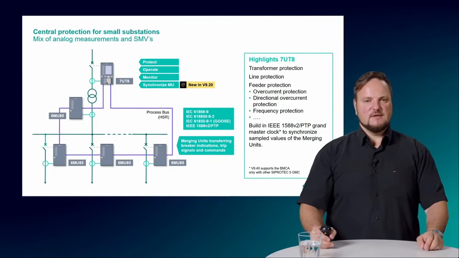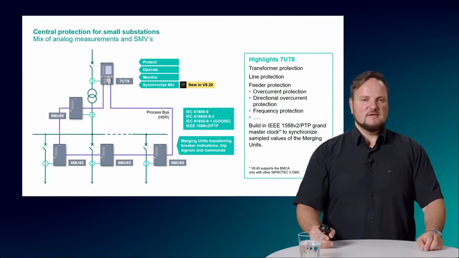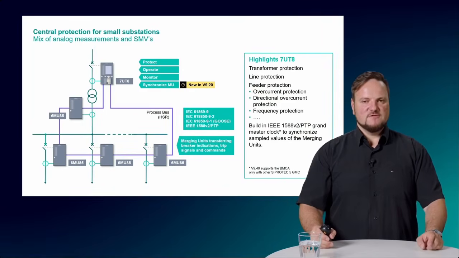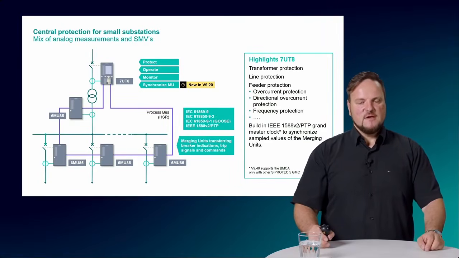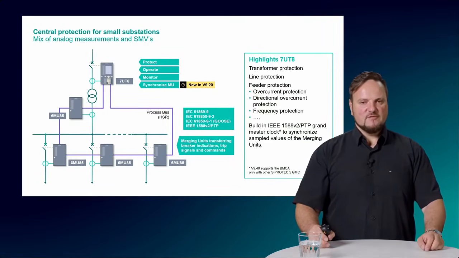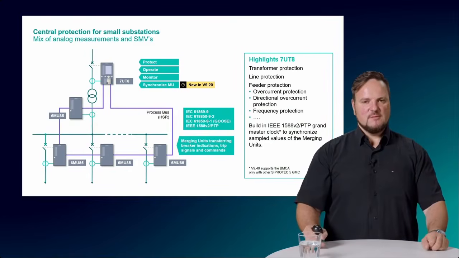In the 7UT the differential protection is running, and overcurrent protection, for example, and directional overcurrent is running. So we have one central device which is protecting the whole application.